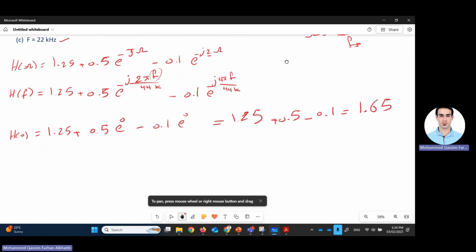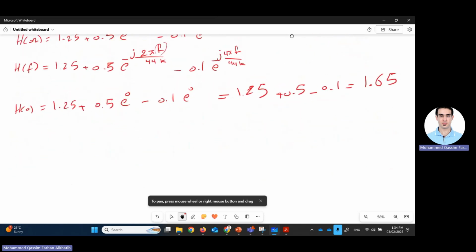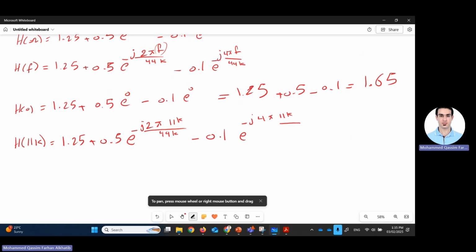All right, the other case, 11 kilohertz. So H of 11K equals 1.25 plus 0.5 e to the power minus j 2 pi 11K over 44K minus 0.1 e to the power minus j 4 pi 11K over 44K.